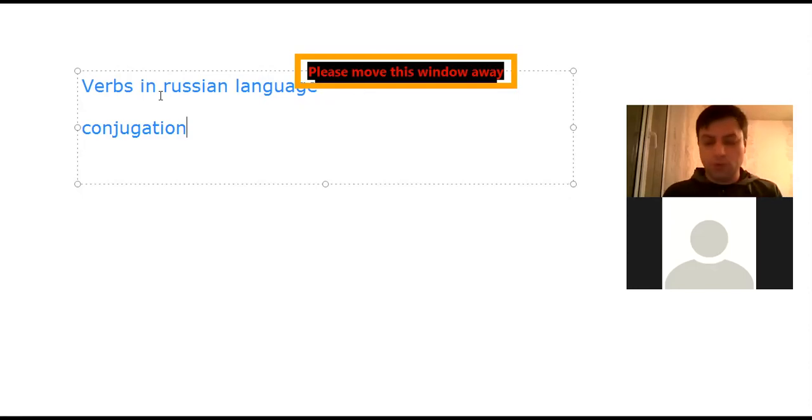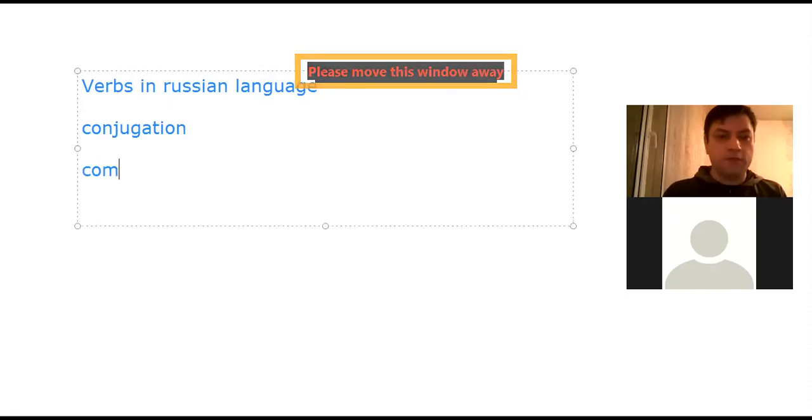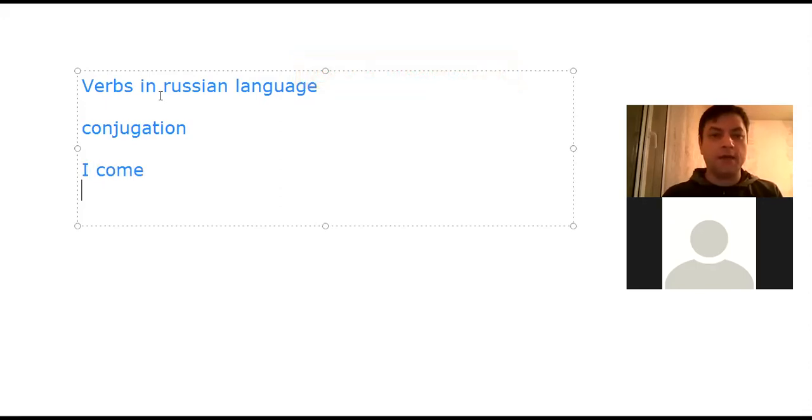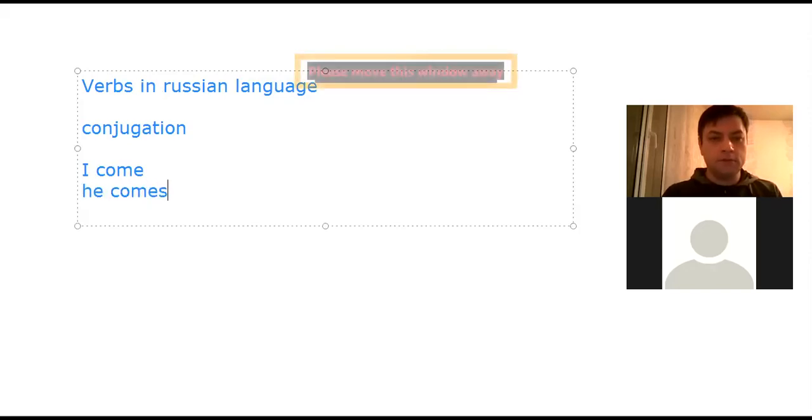In English, conjugation is also present, but in a very simplified way. Again, if we take the word come, with the subject I, it is I come, he comes. You add s, so the shape of the verb has changed.